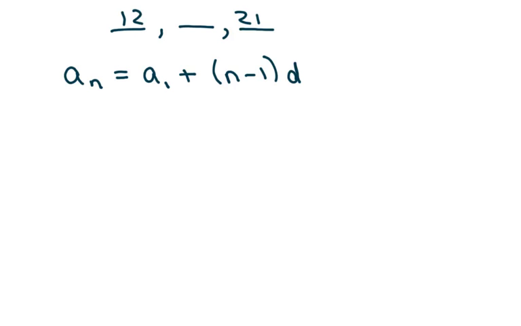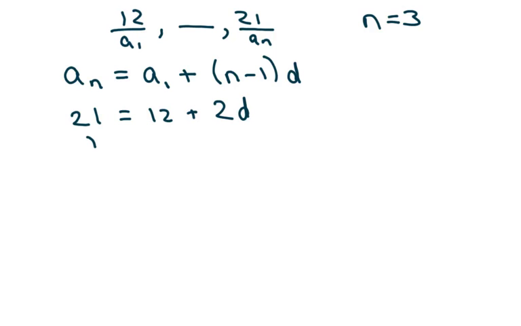And you're going to fill in everything. You know our n is 3, so we have 3 terms here. So our last term, which is our nth term, is 21. Our first term is 12. Plus 3 minus 1 is 2 times d, and we're looking for d. So you subtract 12 from both sides, and you get 9.